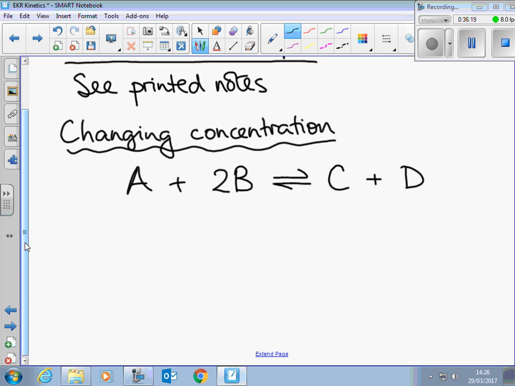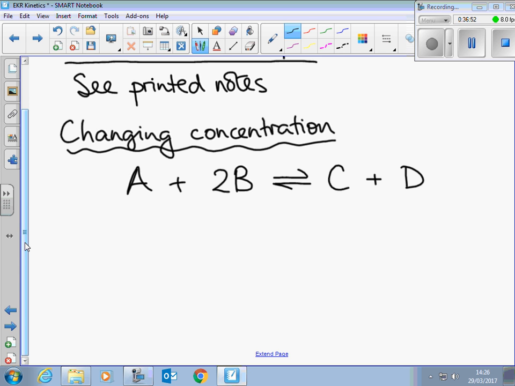And it's a very simple idea if you think of industrial processes where, let's say A is very cheap, B is extremely expensive, and what we're trying to make is C. And you want to use up all your B because it's really expensive. You don't have to buy lots and lots of both of the reactants. If you just add more A, which is really cheap, B gets used up. So it's a really straightforward application of it.